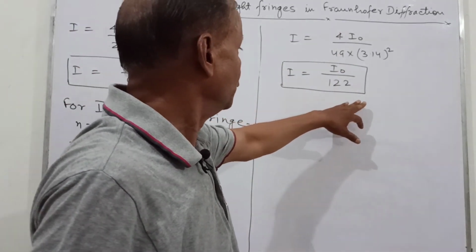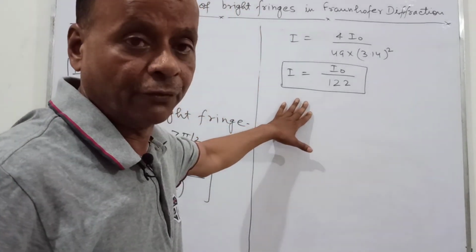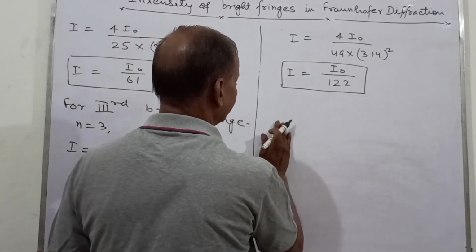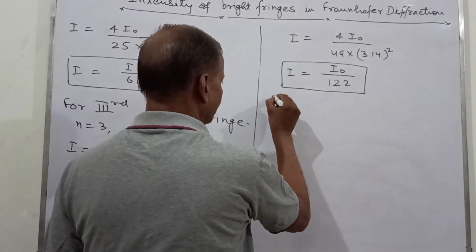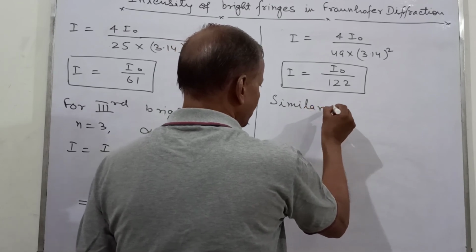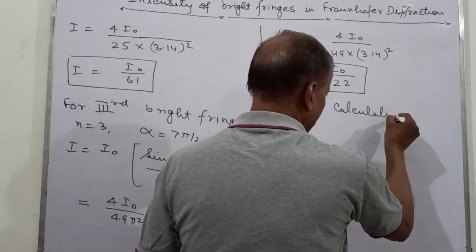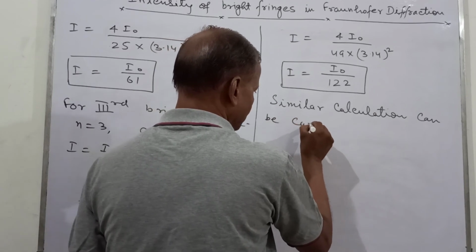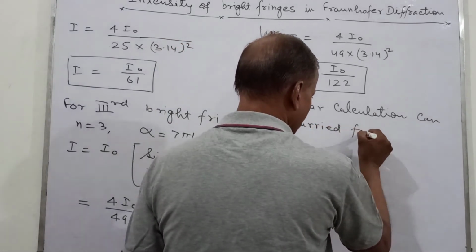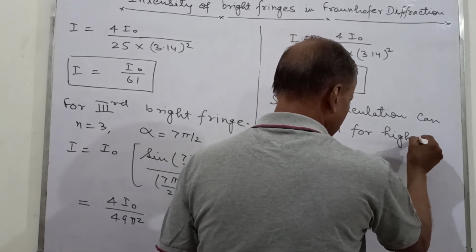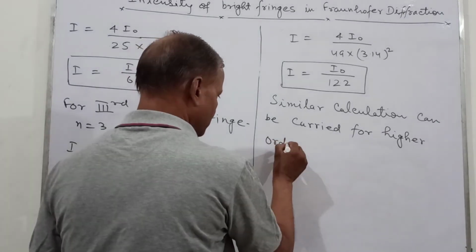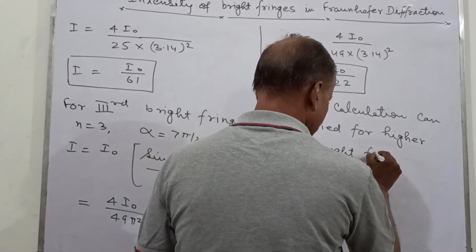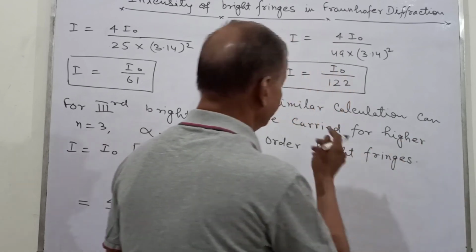So like this, we can have that for other Bragg fringes, similar calculation can be carried out for higher order Bragg fringes.